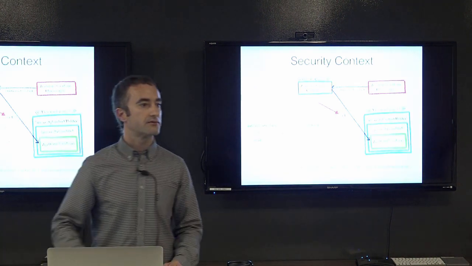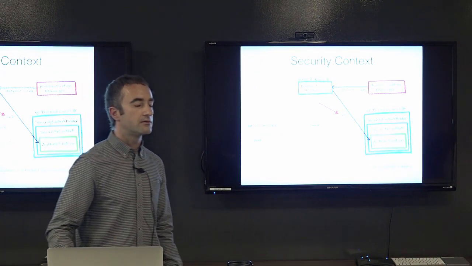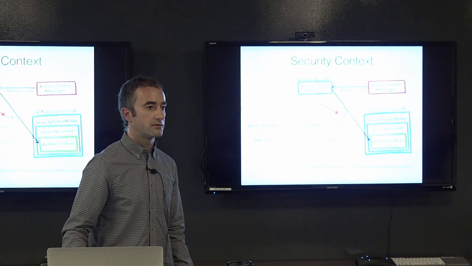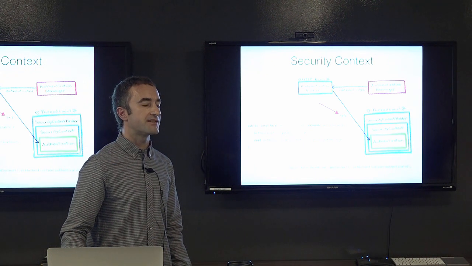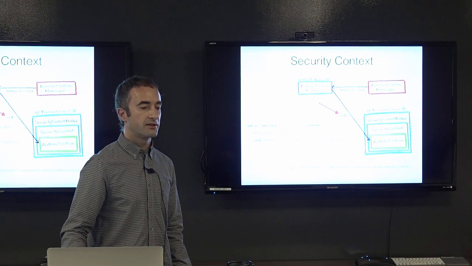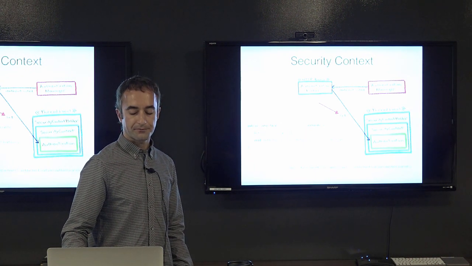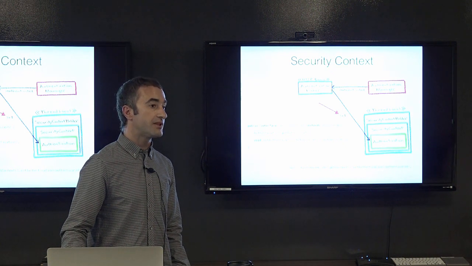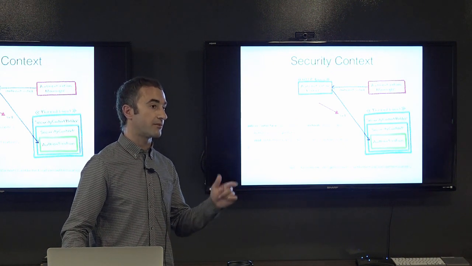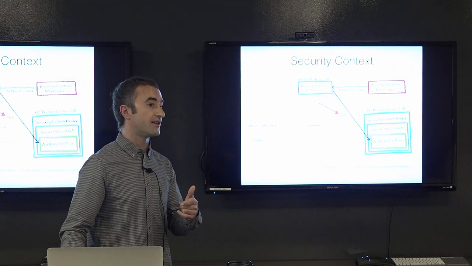Question: if you have the security context holder sitting on your server, does that mean that you're holding some state? Can you repeat the question? Yes, the question was, if you have the security context on your server, are you storing some state? The state is being stored on the current request processing thread, for sure, the authentication.